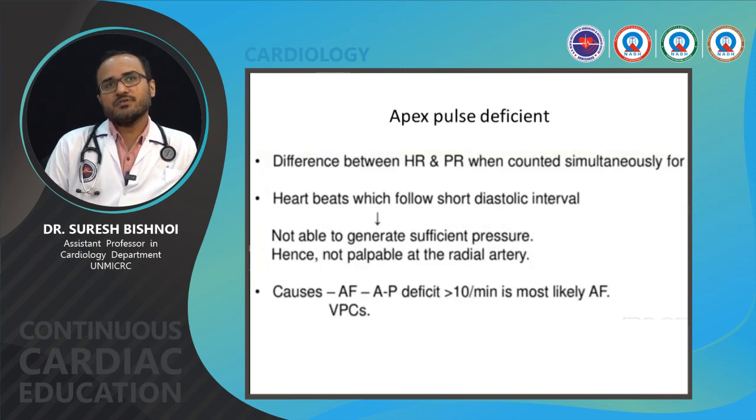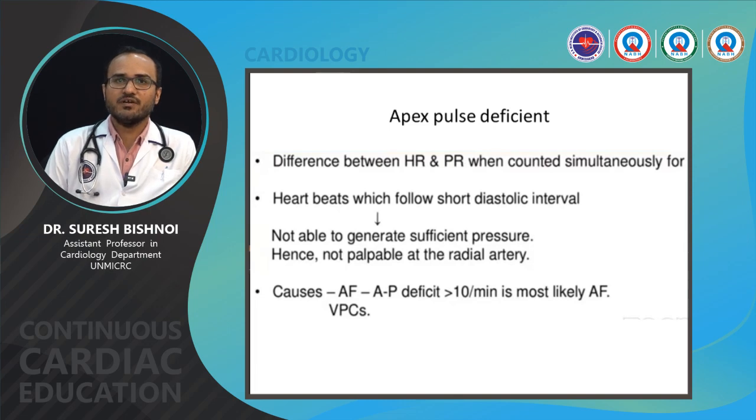Next important portion in the pulse examination is the apex pulse deficit. Whenever examining a pulse, you should always look for this finding. It is the difference between the heart rate and pulse rate when counted simultaneously. In a normal cycle, each heartbeat is followed by a pulse, so heart rate is equal to pulse rate.